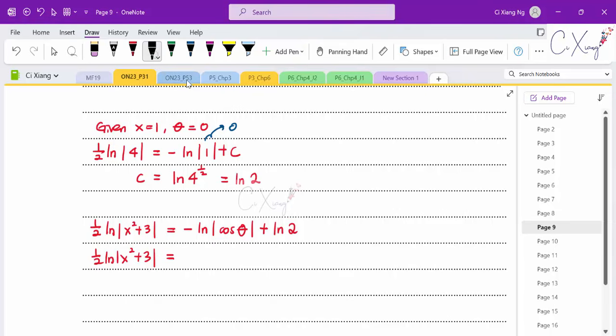I'm using the property of the ln function, where if I have ln A over B, then I will have ln A minus ln B. Now I'm going to do it backward. If I'm having ln A minus ln B, I combine them to become ln A over B, which we can apply on the right hand side. So I'm having ln 2 minus ln cos theta, so it will become ln 2 over cos theta.